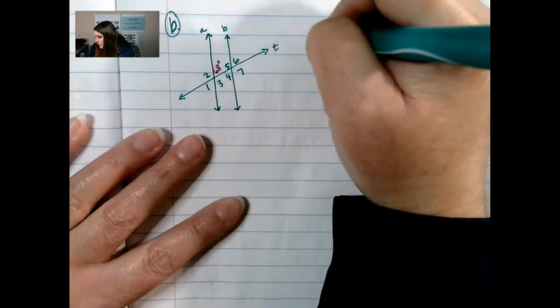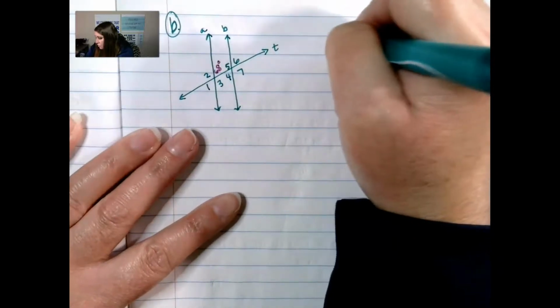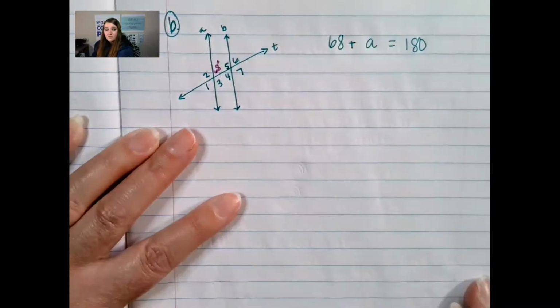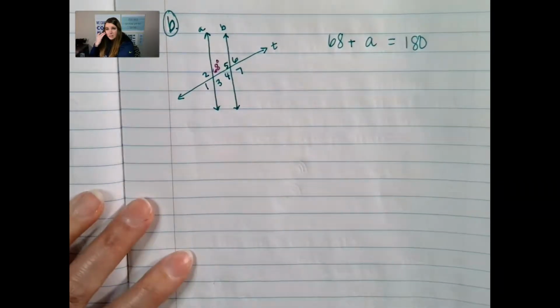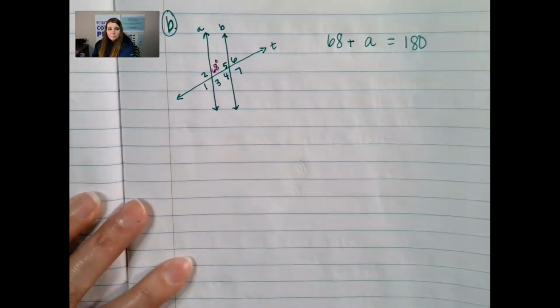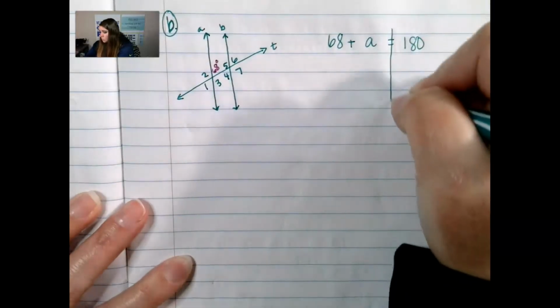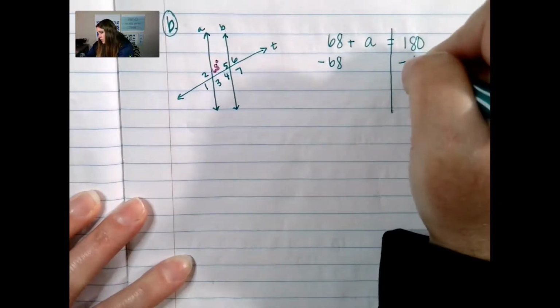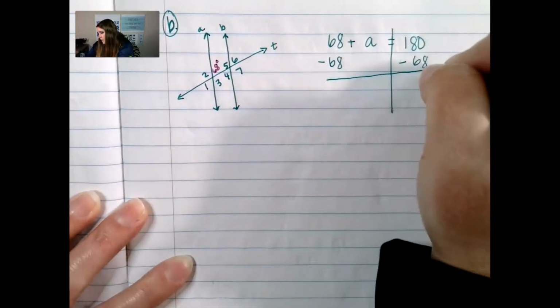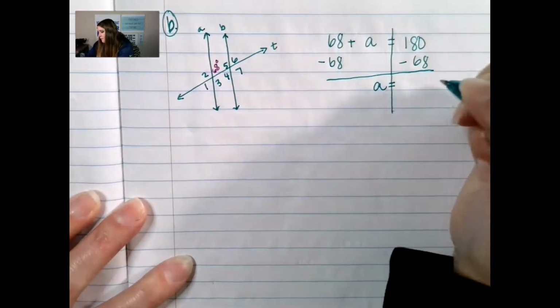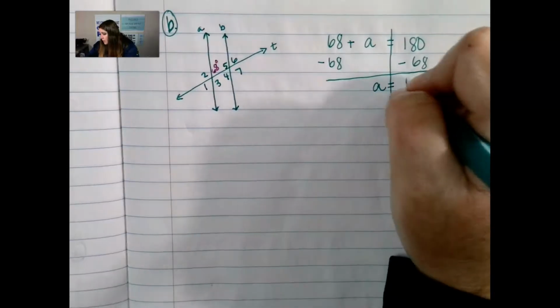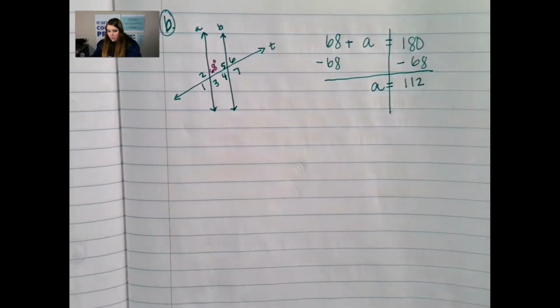All right, so our job is to use what we can to find a supplementary angle to 68. So we're going to use 68, and we're going to add that to something to get to 180 to finish out this line. So we're going to drop our line, subtract 68, and that gives us the measure of angle A, or the measure of angle 2, which is 112.